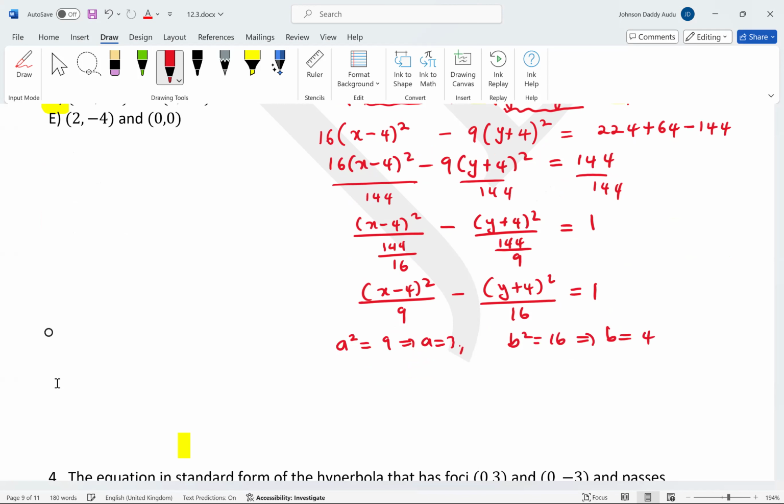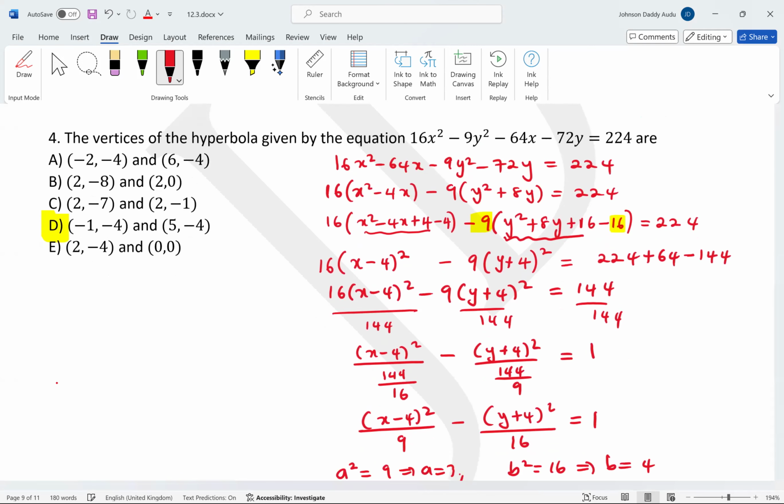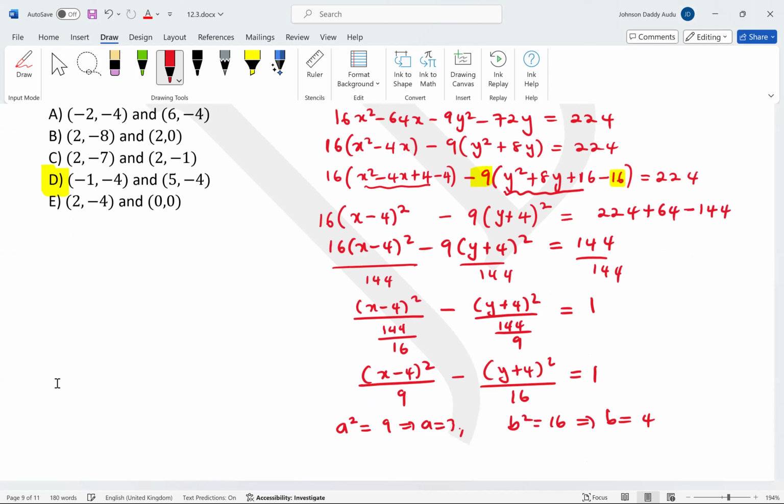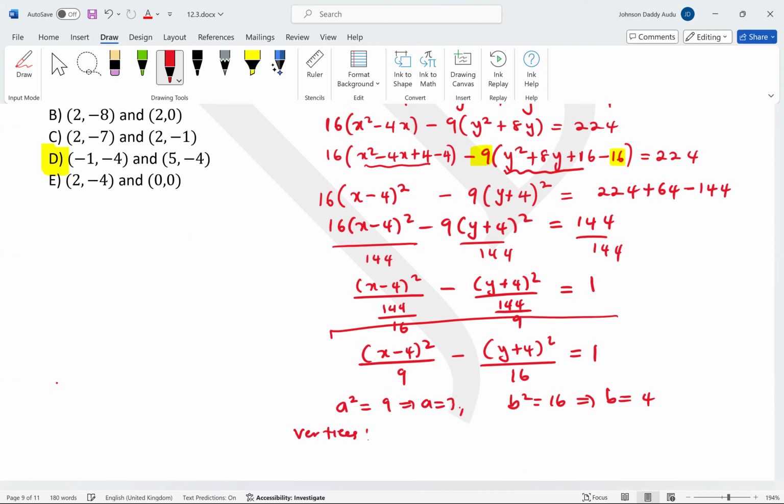But now what are we even looking for? We are looking for the vertices. Yes. So the vertices come from our A. And don't forget first, this is a horizontal one.